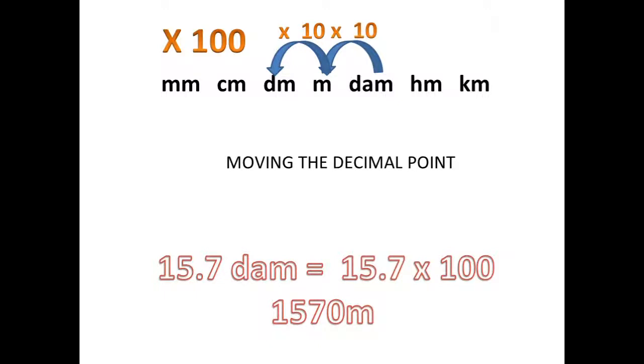So don't forget, when we're going from small to big, we're going to divide. When we're going from big down to small, like kilometers to centimeters, we're going to multiply. Examples. 5.7 meters into millimeters. Well, first of all, we're going from big to small.